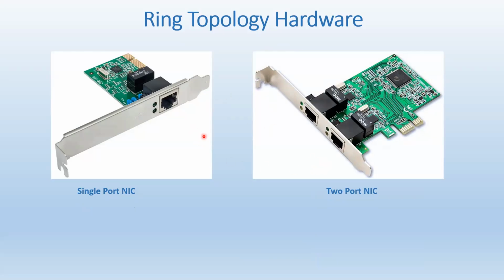Of course, I'm going to answer my own question here: if we are considering hardware connections, then for each node we would have to use a double port NIC. That would be the basic way of connecting.